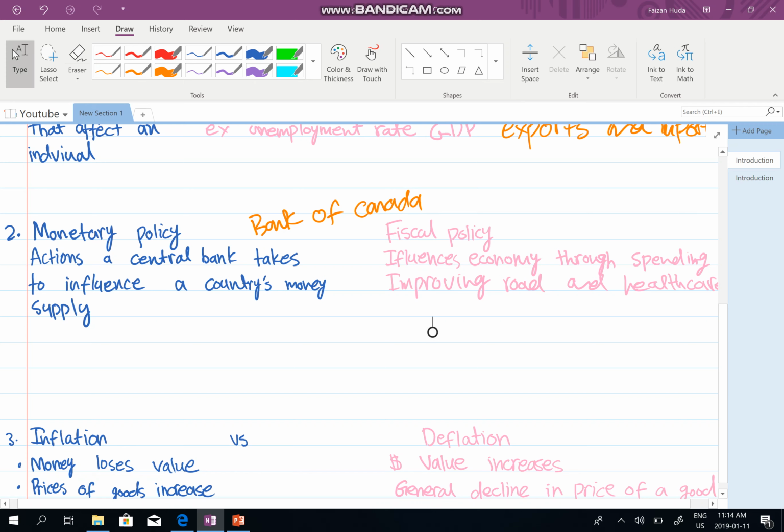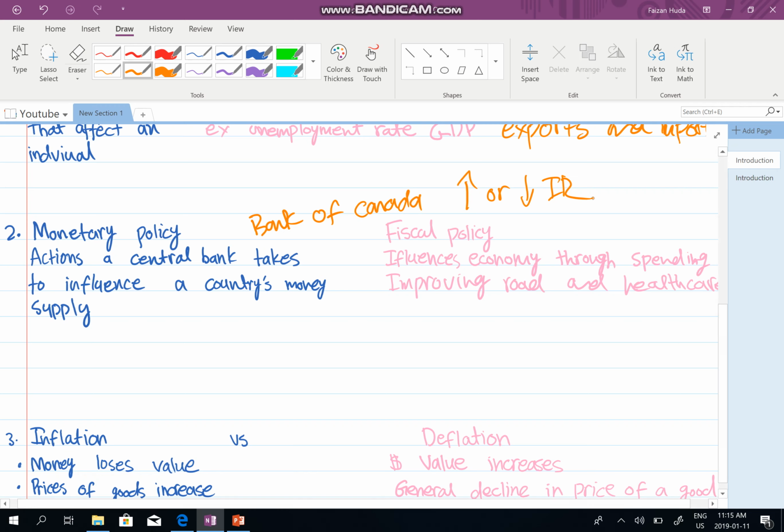Basically, what the Bank of Canada does is it controls our money supply by increasing or reducing the interest rate. When Canada is in recession, the Bank of Canada will lower the interest rate, so we'll spend our money more, which will in return benefit the economy and increase the money supply during the recession.